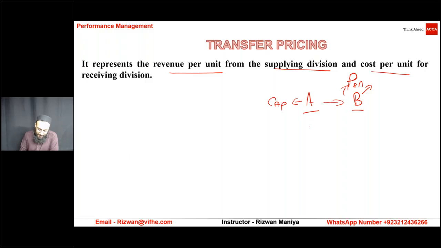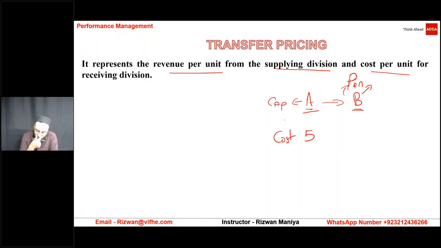Okay, now Division A and Division B. So Division A has a cost of 5 for this cap. You know what a cap is? Yeah, cap. And just in case Division A asks Division B, how much will you pay me?